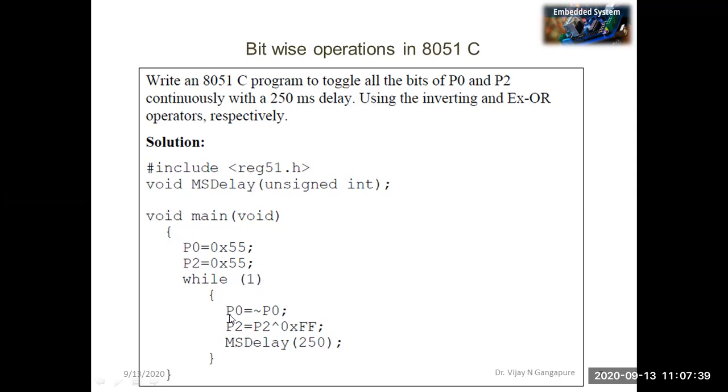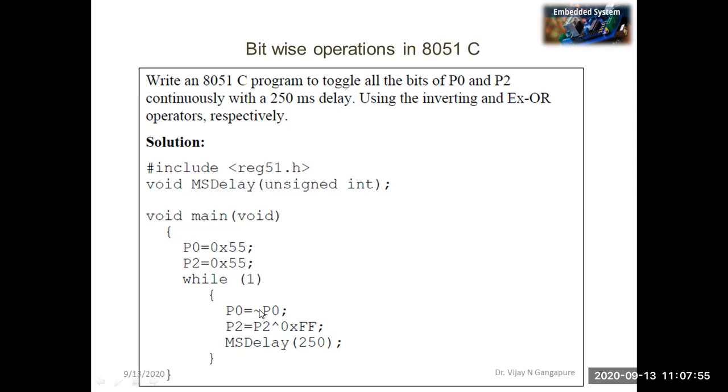So what is written here, P0 is equal to, what is this, the bitwise not operator. So the bitwise not operator on port 0. Presently, what is the data in port 0? We have outputted 55, so that will be inverted.